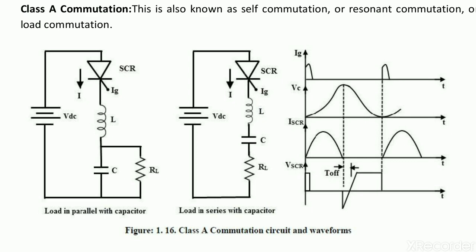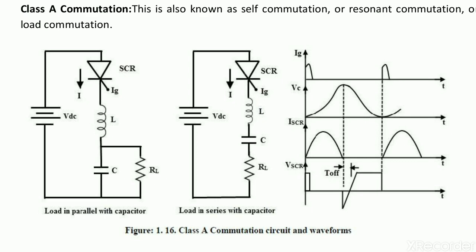That means the upper plate has positive polarity and the lower plate has negative polarity. Therefore this positive polarity will turn off the SCR, because the cathode of the SCR is connected to the positive terminal. That condition is nothing but the reverse biasing of the SCR.